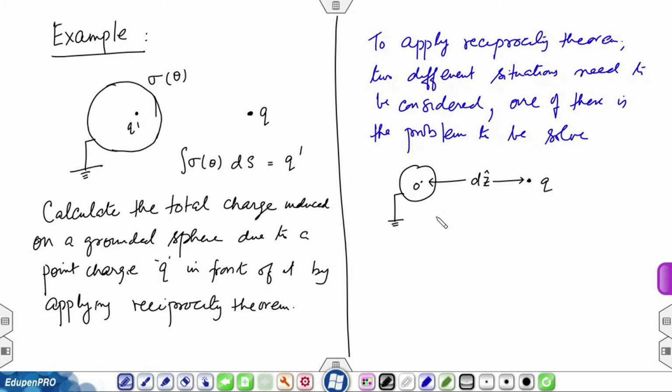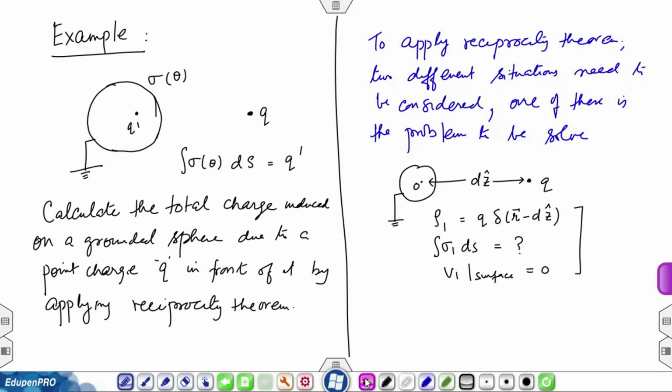Then I have rho 1 is equal to q delta of r minus d z, and the integration of sigma 1 dS is what I want to find out. V1 on the surface is equal to 0. That is situation 1.